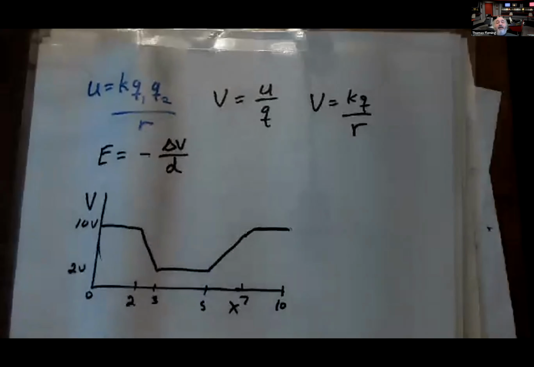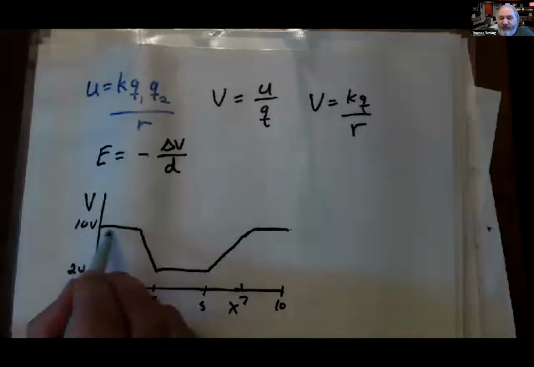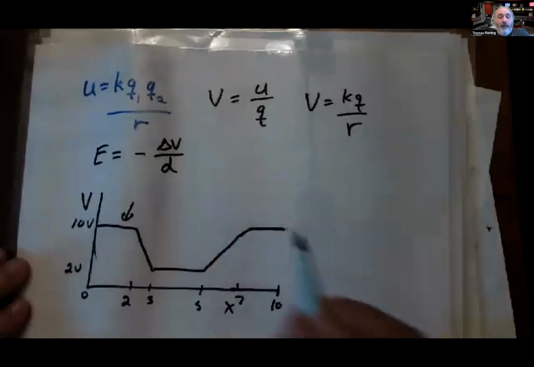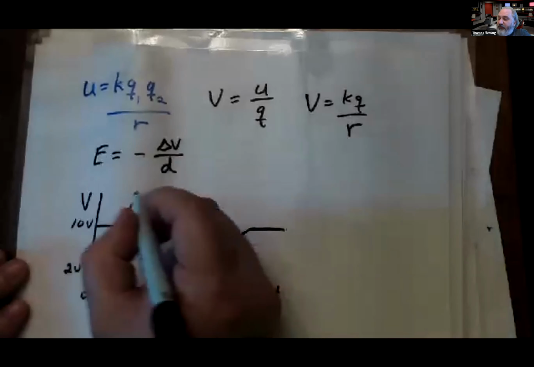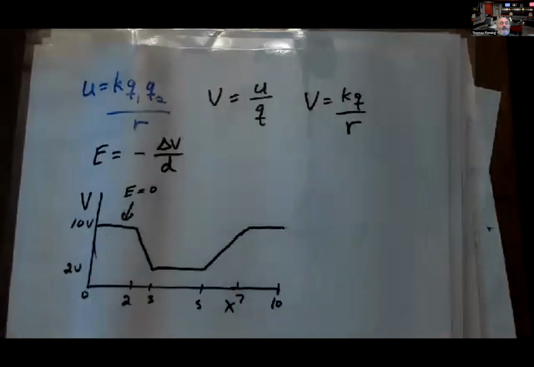What I'm looking at is a slope, right? And so if I look at the slope of what this function looks like, it will tell me what the electric field is doing. So for instance, if I look anywhere between 0 and 2, anywhere along this flat section of the graph, this has a slope of 0. But if the slope is 0, that implies there is no electric field in that region.